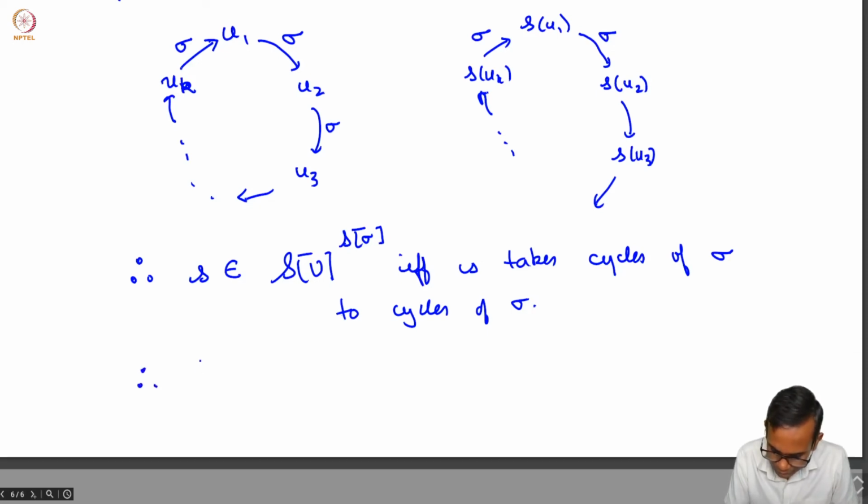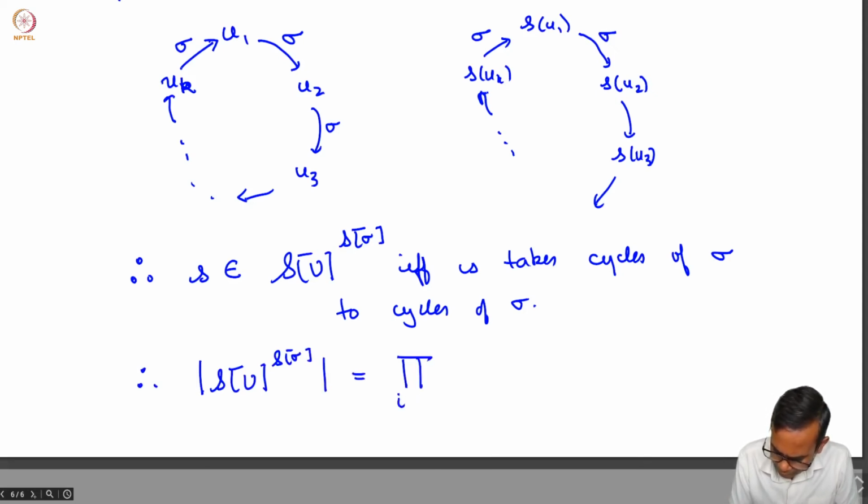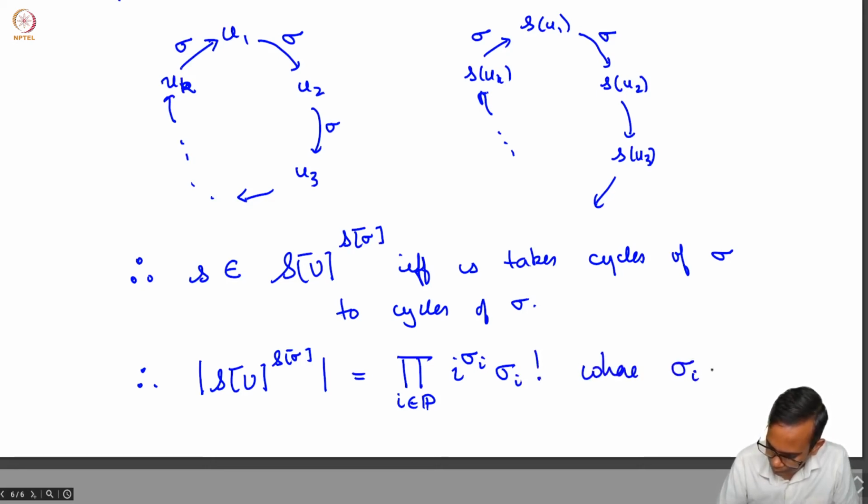And therefore what we get, and this is a similar calculation to one we've done before, is the product over i of i raised to sigma_i, times sigma_i factorial, where sigma_i is equal to the number of i-cycles in sigma.